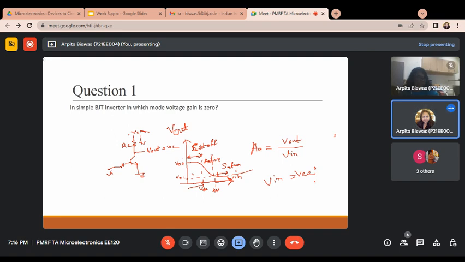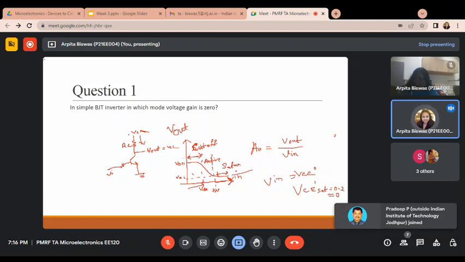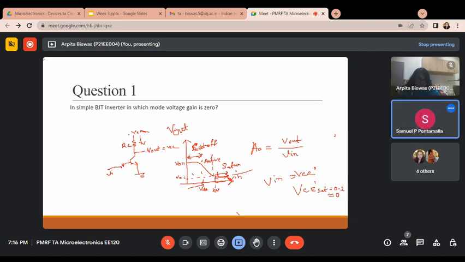And the value of VCE sat is almost 0.2, nearly 0.3. Yes, we can say it is nearly 0. So here also you can see that in that region, if you are giving a voltage greater than this VCC, there is not that much change in the V output.